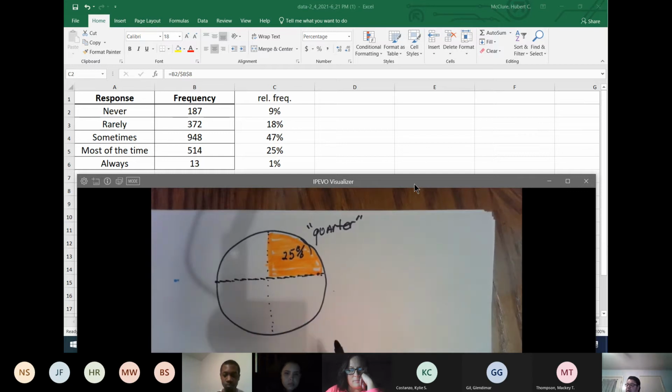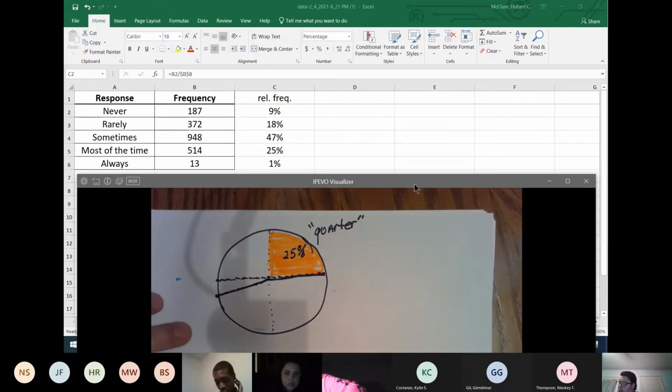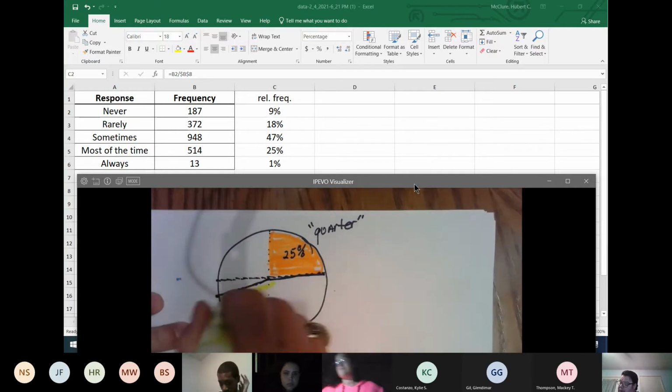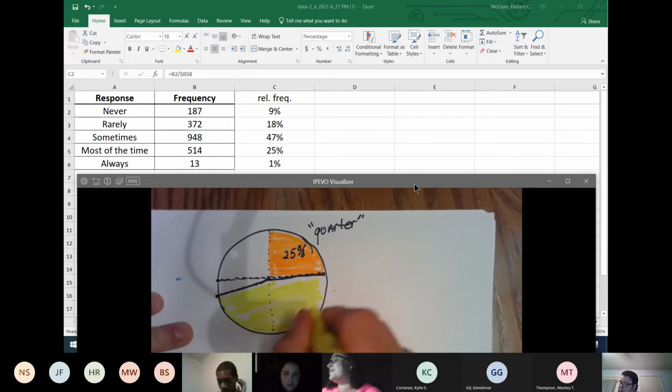So 47 would just knock off a little bit there. So here is 47. I'm going to take my handy dandy yellow marker and draw all of this yellow, and that's going to be 47%.